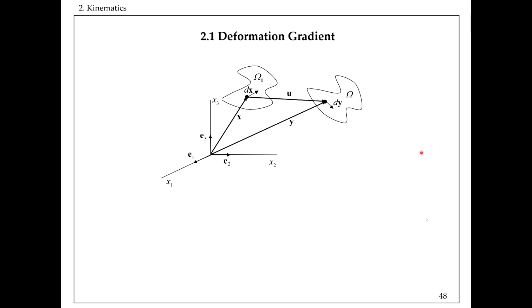This is important. Now we need to find a way to connect each point in the undeformed, reference or initial configuration, a mapping between what was in the undeformed configuration and where this point and any other point goes in the deformed configuration.